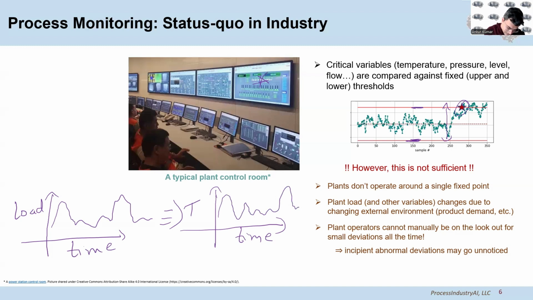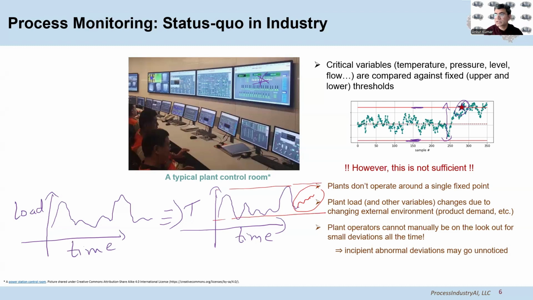Now imagine, let me change the ink color, that this particular temperature variable begins to show some unexpected deviations. These deviations are not normal, and they still lie within the normal functioning range for this temperature.